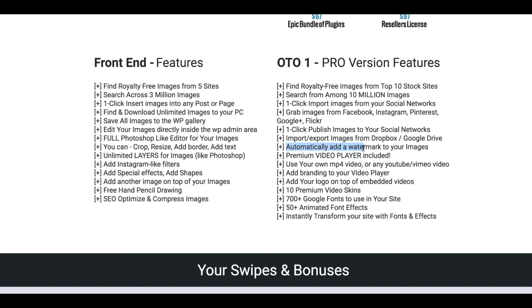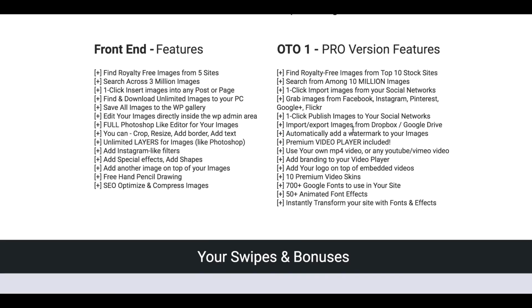This one is powerful. You can automatically add watermark images to brand them, like all the big blogs do, to brand their image whenever they're sharing it on social media. That's very powerful. And then there are actual video features as well, and you'll get 700 plus fonts to use, and animated text font effects as well if you upgrade to the OTO1.